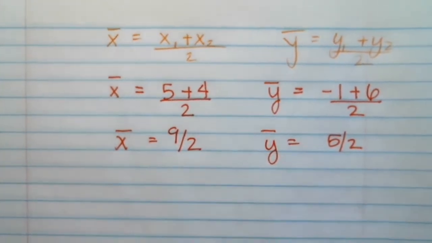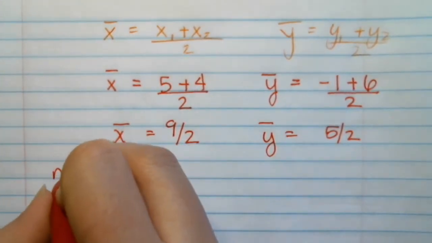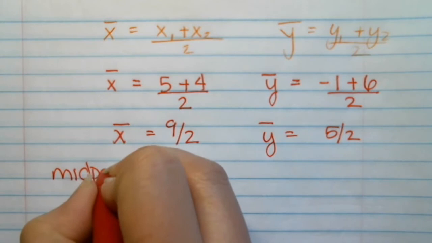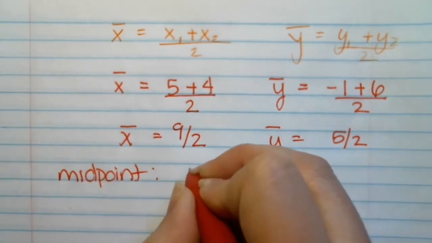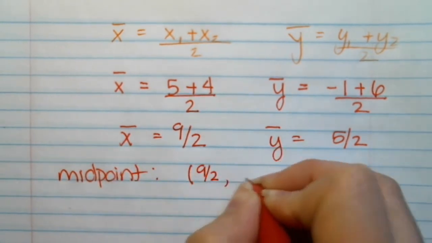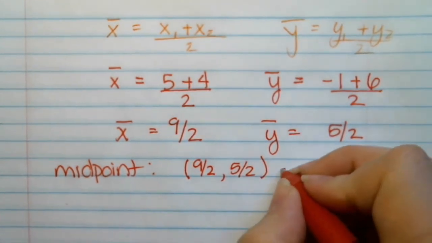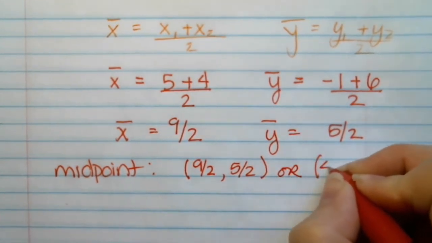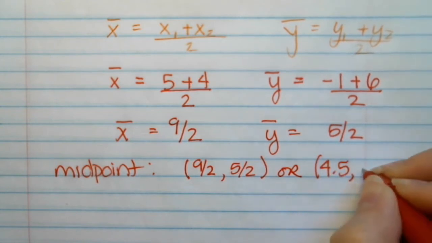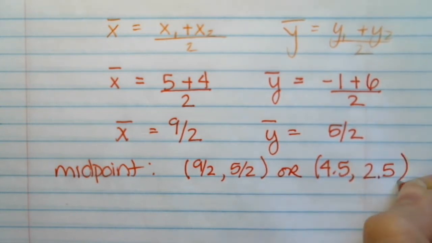Okay, so the midpoint is an ordered pair, so we're going to give it as an ordered pair. Okay, so it would be the ordered pair 9/2, 5/2. Okay, or you could always write this as 4.5, comma 2.5.